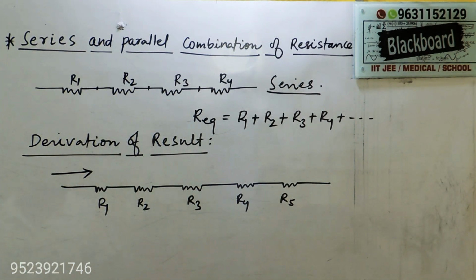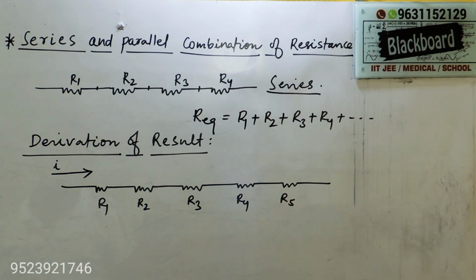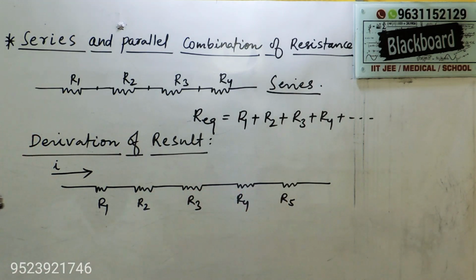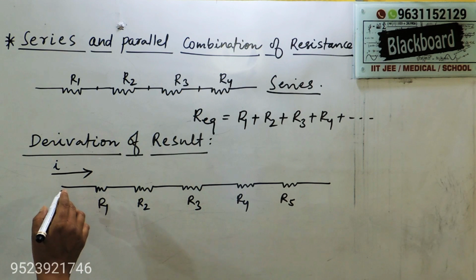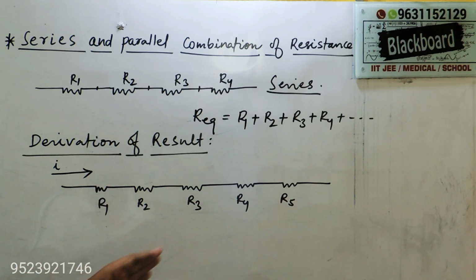Let I amount of current enter from the front. Here we know that in series combination current will be the same.